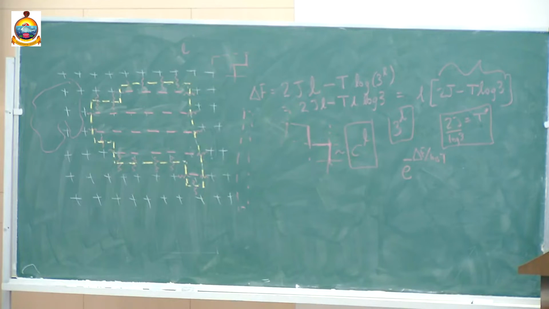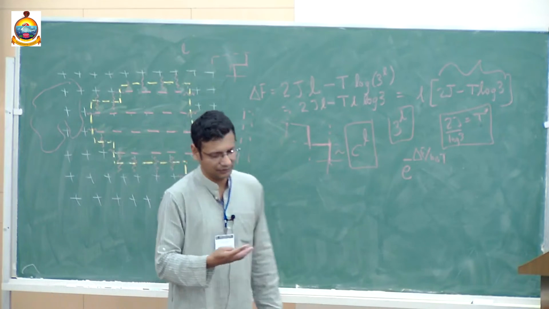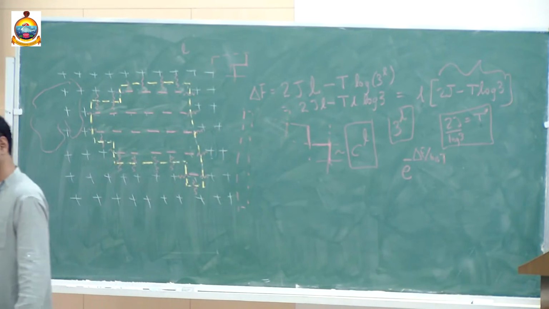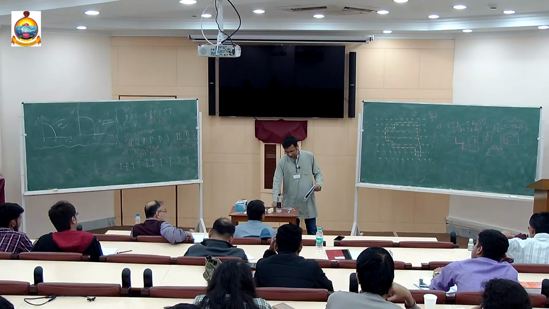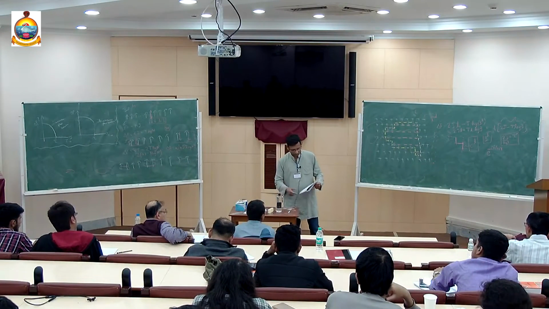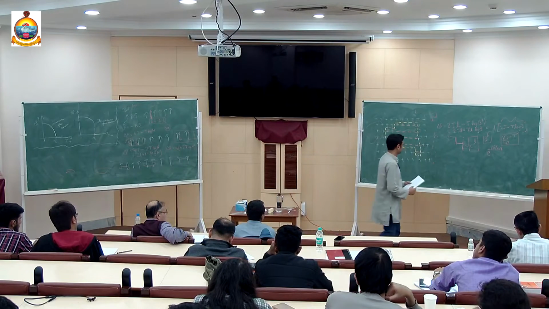So as I said, Onsager actually already proved that in the 2D Ising model there is a phase transition, because he basically solved the partition function, and therefore not only could he show that there is a phase transition, he could show much more.